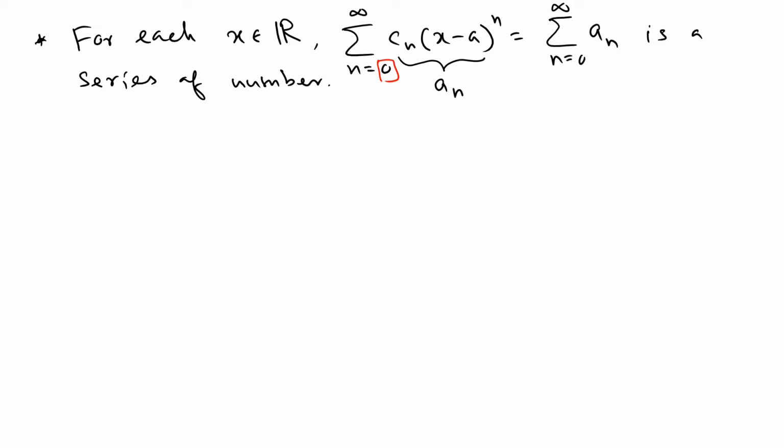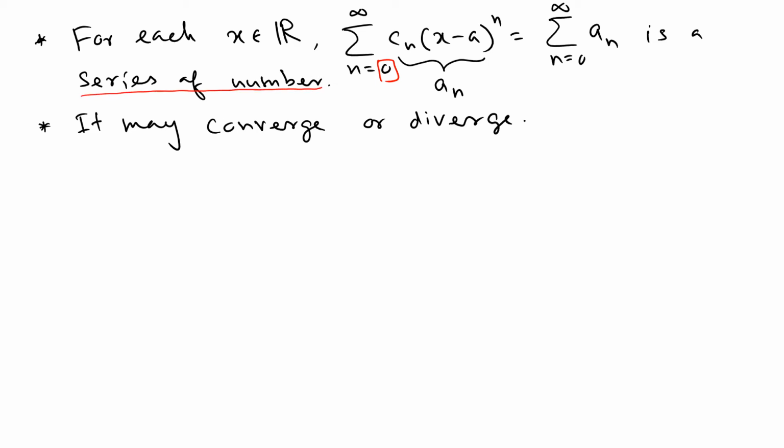And because it's a series of numbers, it may converge or diverge. So just look at this as a series of numbers. That's how you're going to look at it. And then we can talk about all those series tests that you learned. Good.